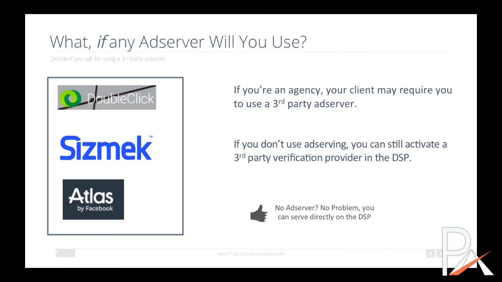They've changed their name, I think, a few times over the years. Next, Sizmek as well, which used to be called MediaMind, and before that, EyeBlaster. And Atlas by Facebook, which, as far as I understand, some people use, but is not very user-friendly. So just keep that in mind, because that may be a very integral part of the campaign.